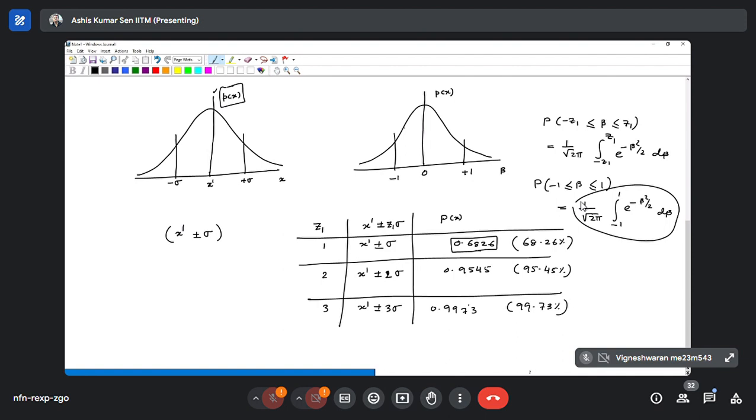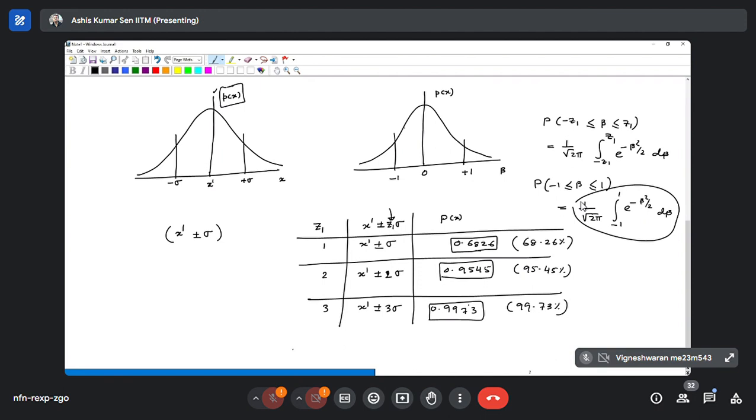What is the probability that my measurement lies within x prime plus minus 2 sigma? That probability is 95.45%. What is the probability that my data is lying within plus minus 3 sigma interval? That is 99.73%.